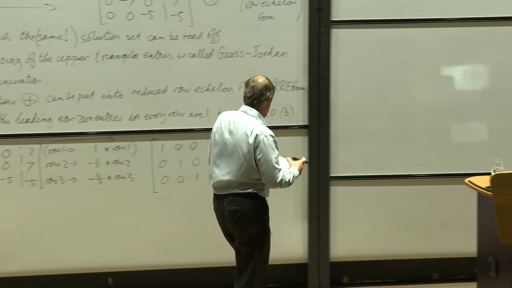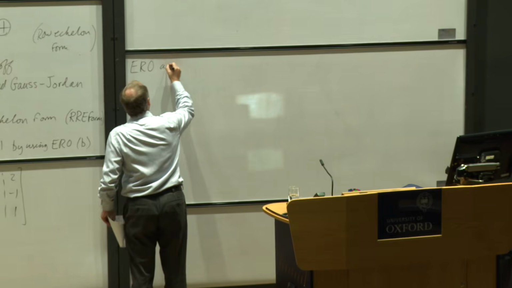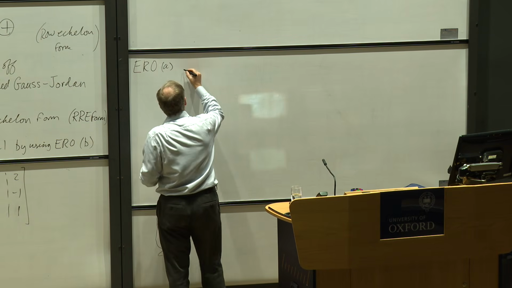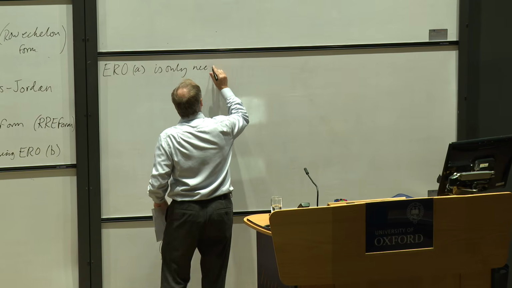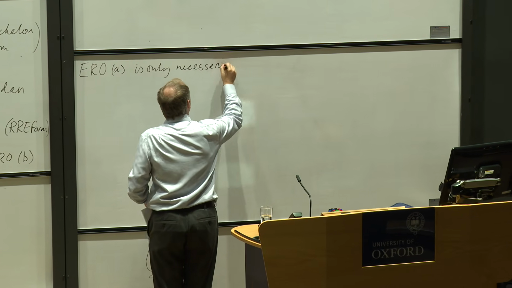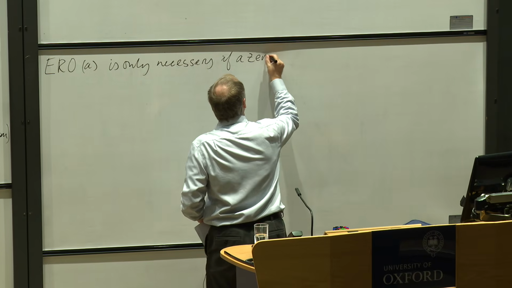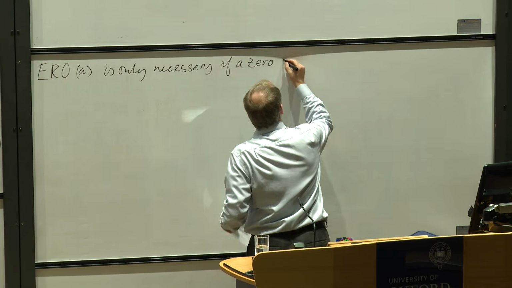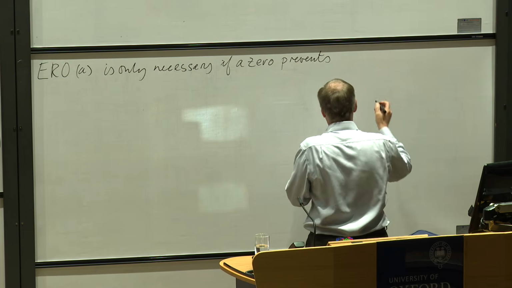And is A ever used? Let me just say that EROA is only necessary if a 0 prevents Gauss elimination.